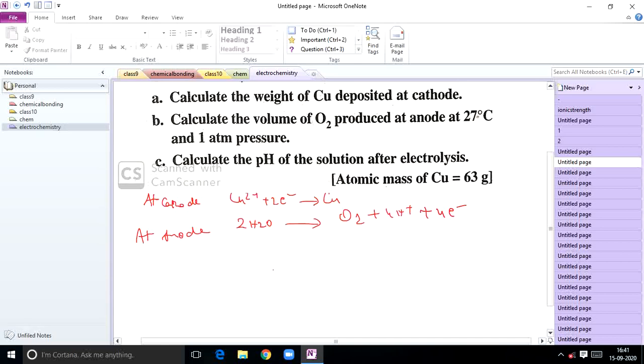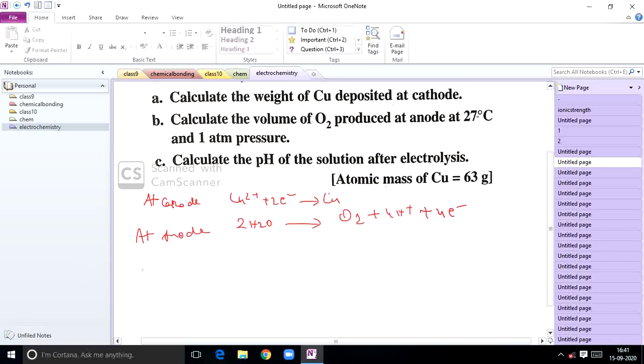Next, what we have to do? Calculate the weight of copper deposited, he is asking. So first, the quantity of electricity we have to calculate actually.